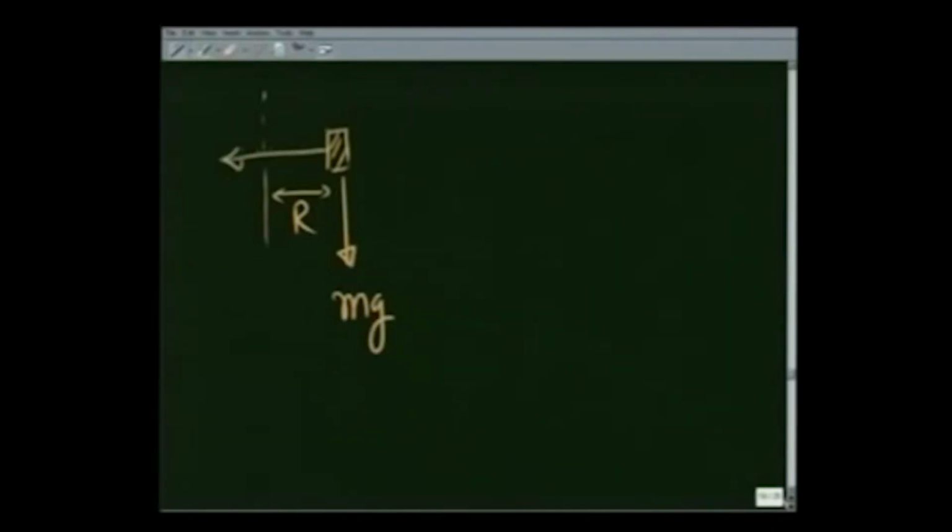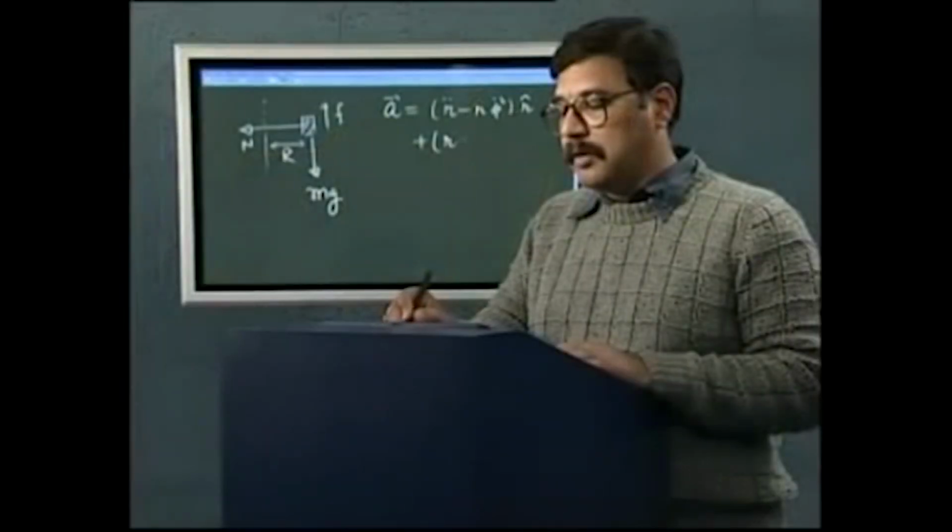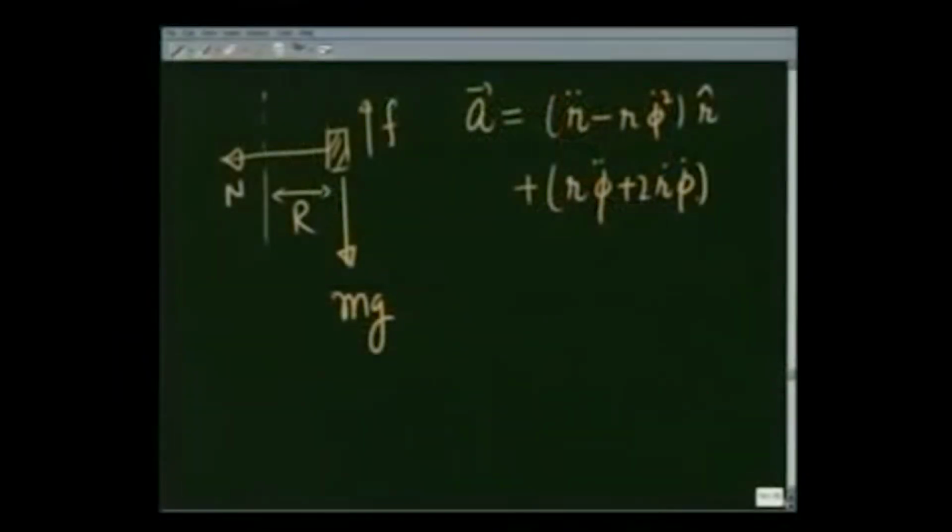There is force N on it and there is frictional force F on it. Its acceleration in cylindrical coordinates is going to be r double dot minus r phi dot square in the r direction, plus r phi double dot plus 2 r dot phi dot in the phi direction, plus z double dot in the z direction.